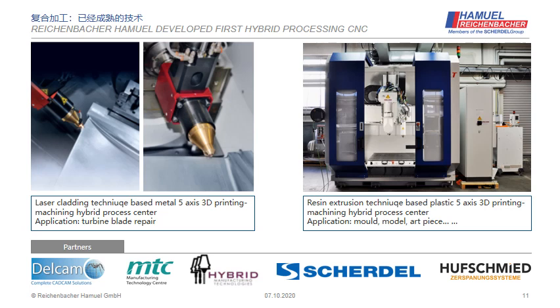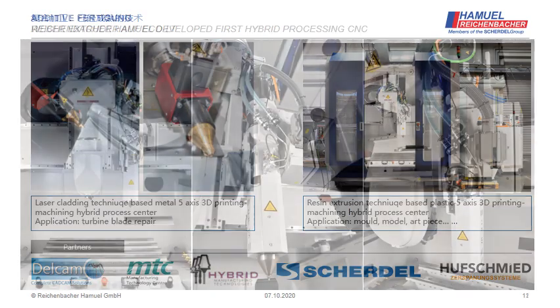And we think this is the future. If you are a designer with this machine, you can realize all kinds of complex structures. So your imagination will not be limited by the machining process.